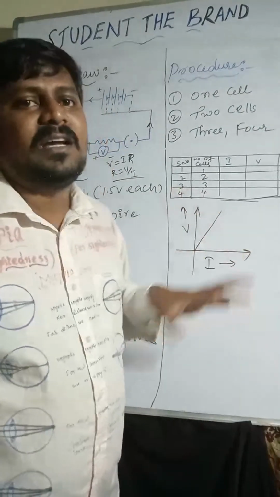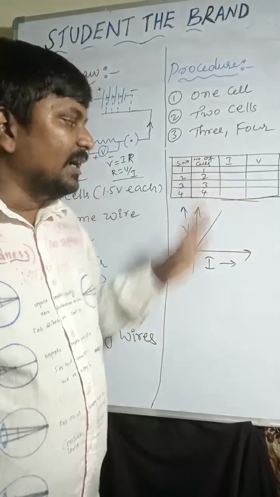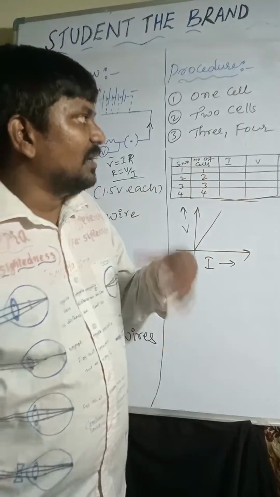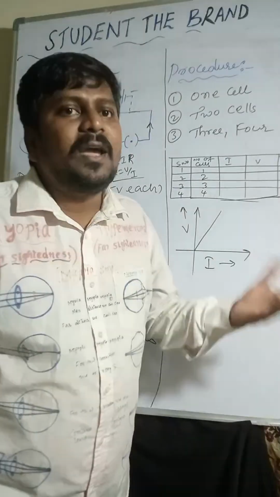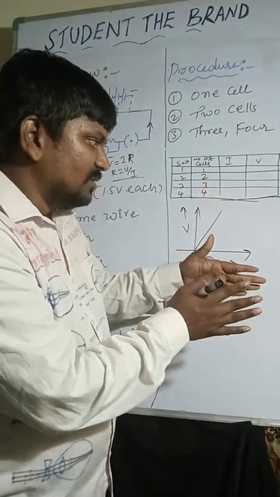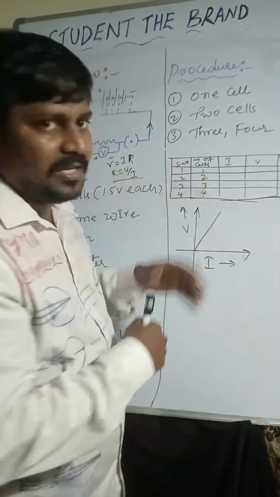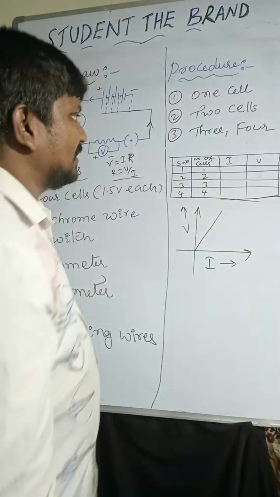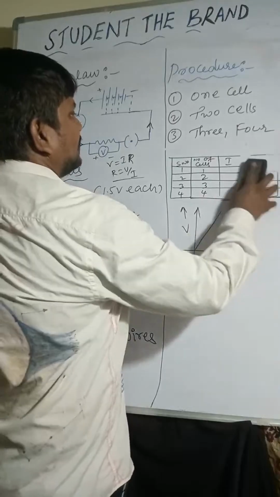So, the meaning of the graph is that the conductors, circuits or resistors which obey Ohm's law are called ohmic conductors.